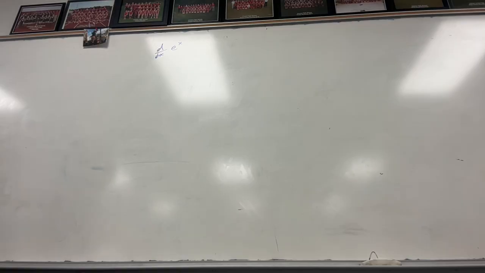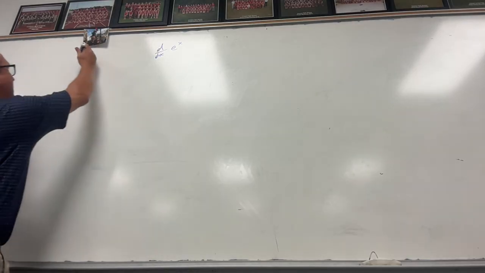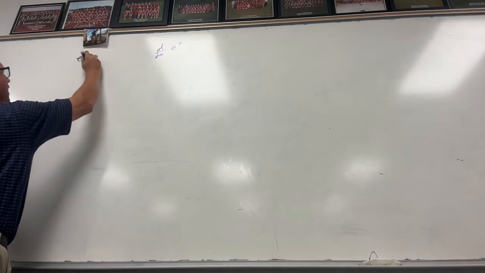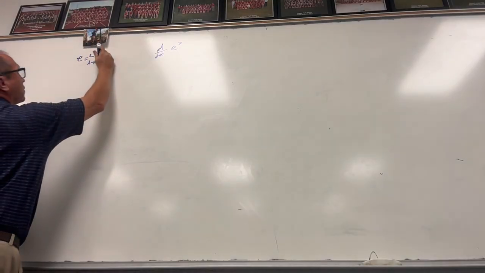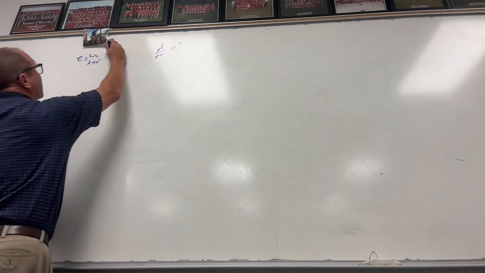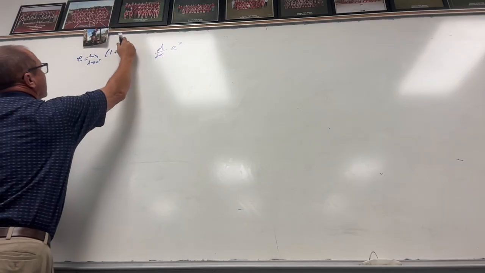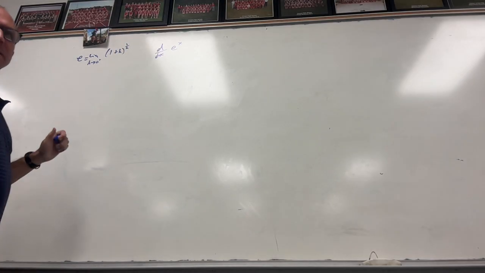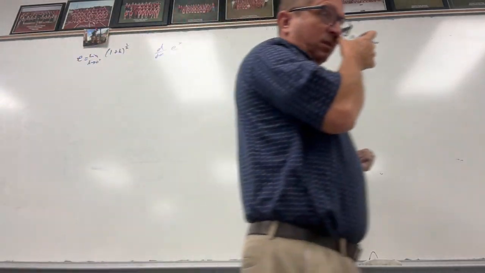All right, now, what we have here is by definition that e is going to equal the limit as h approaches 0, and we're going to consider from the positive side here, of 1 plus h to the 1 over h power. Now, that's approximately equal to 2.72.